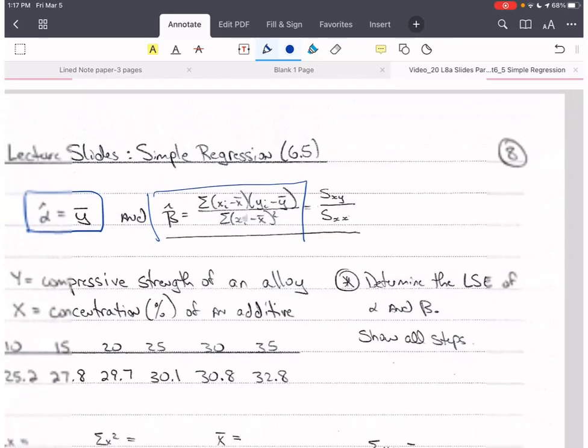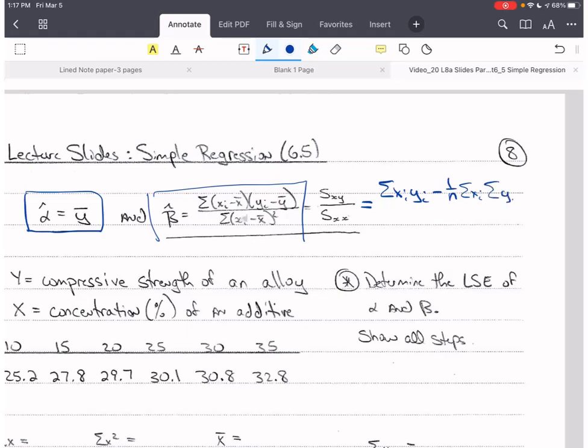We can rewrite this as the sum of xi yi minus 1 over n times the sum of xi times the sum of yi. This is the calculation formula that we want to use, the shortcut formula.